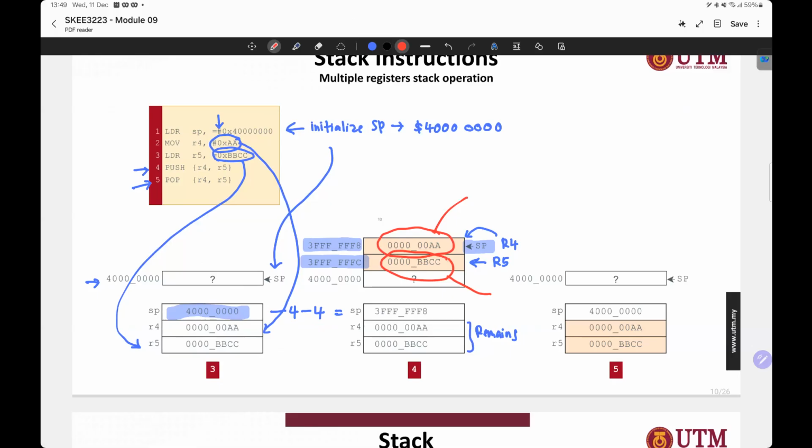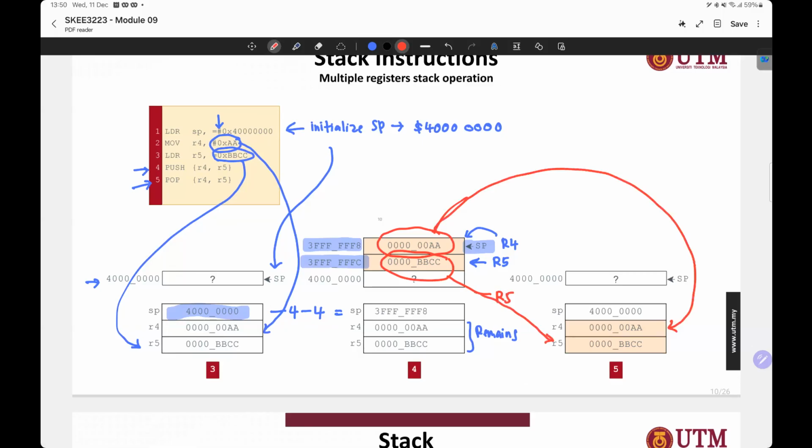So by looking at 3FFFC, the data inside here will be sent to R5, and this address goes to R4.